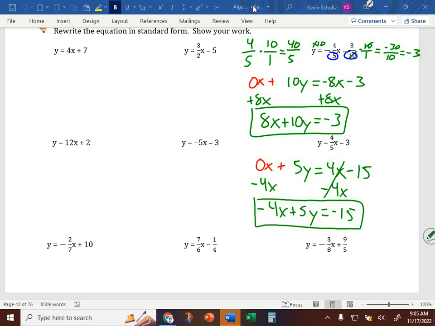Now, when we say that we multiplied everything by 10 and it keeps the equation balanced, that's the phrase that I use for it. How does it keep the equation balanced? What does that mean? How is our original equation, y equals negative 4/5 x minus 3/10, balanced with 8x plus 10y equals negative 3?